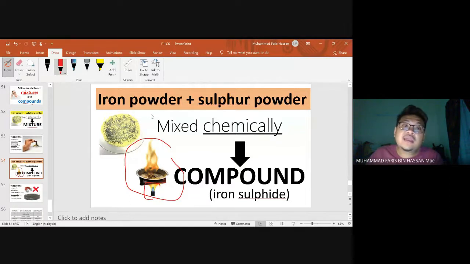The iron powder and sulfur powder will react together and mix chemically, forming a compound called iron sulfide. The iron comes from the iron powder and the sulfide comes from the sulfur powder. Because sulfur is a non-metal, we just need to change the name from sulfur to sulfide, but we still retain the name of iron. So it will form iron sulfide.